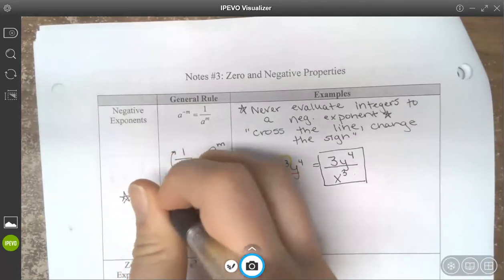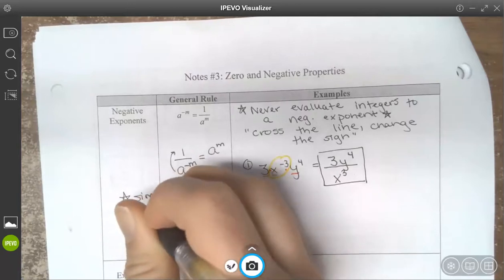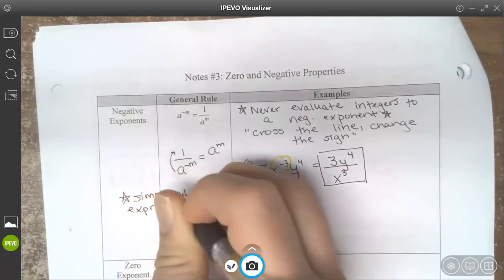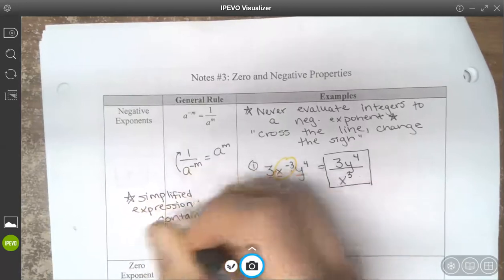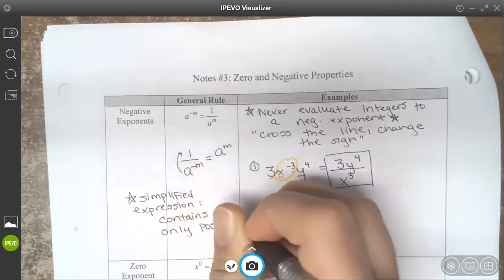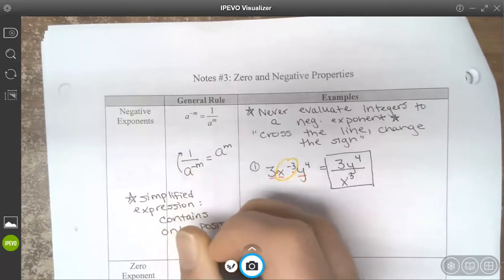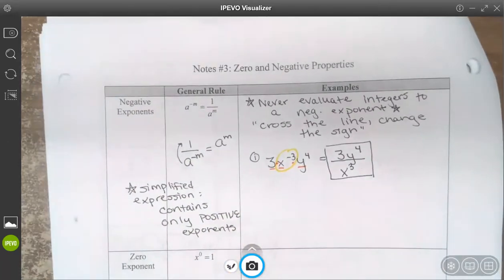A simplified expression contains only positive exponents. So when you're asked to simplify these expressions, that's a piece of it. I can't leave a negative exponent anywhere or else that expression is no longer simplified.